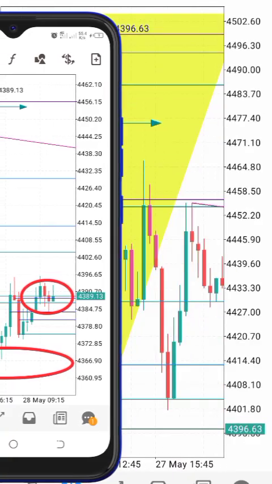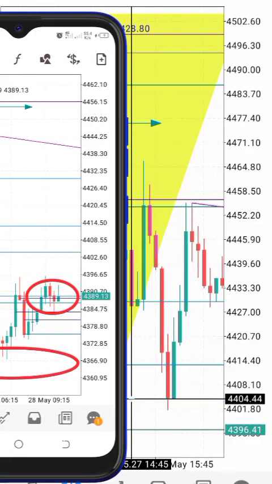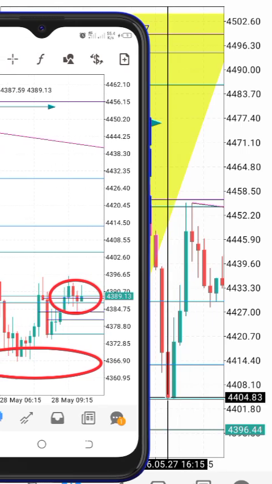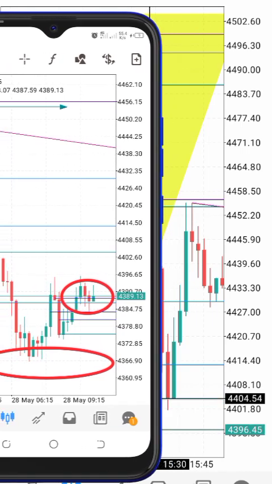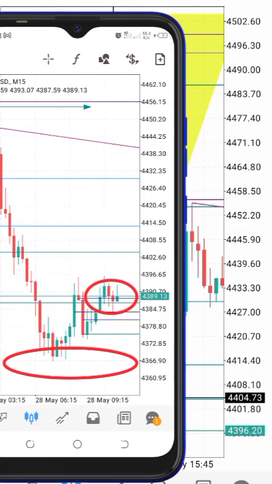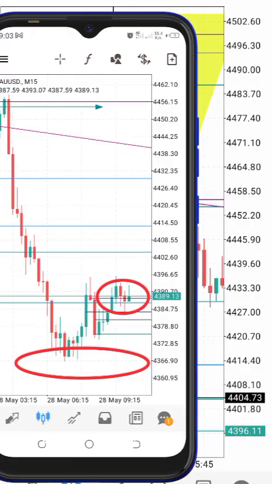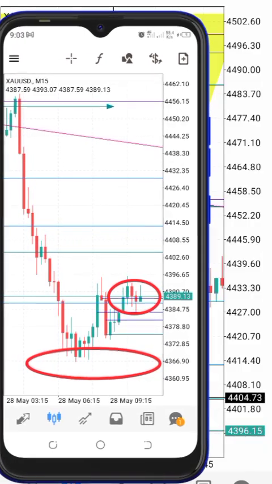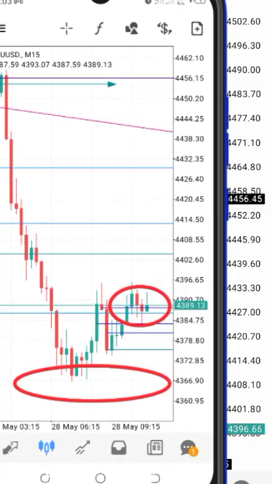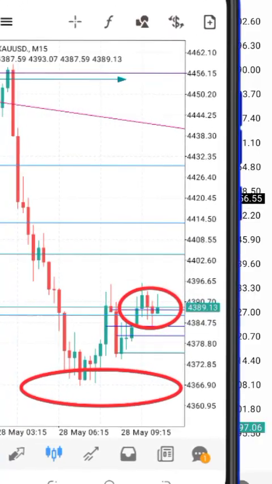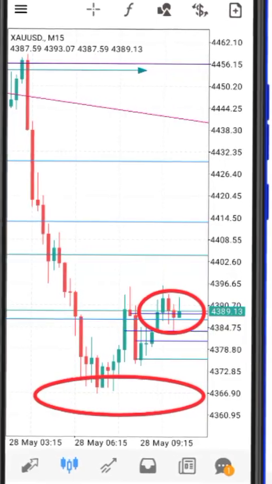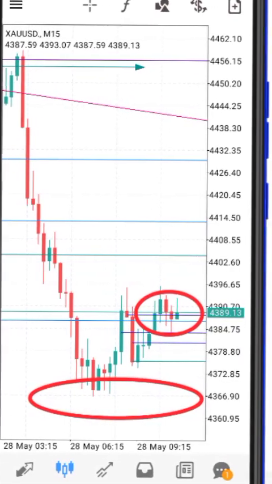We had called the short, and exactly as called, the market went to the profit target, which is 1000 pips. Then the market bounced off the 1000 pips of the fib sequence, which is our new fib 10 times arrow. The market then bounced up to 4456, and now we can see the market rejecting 4456.